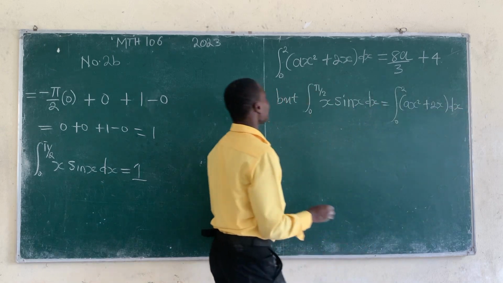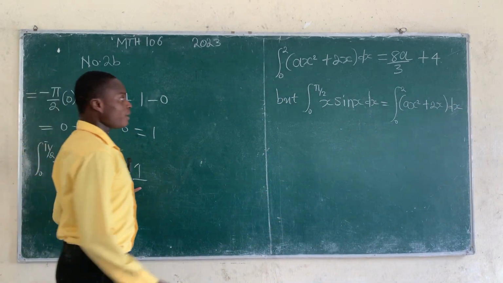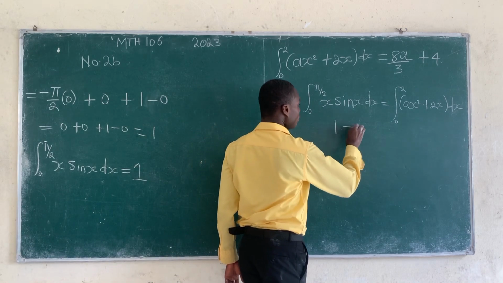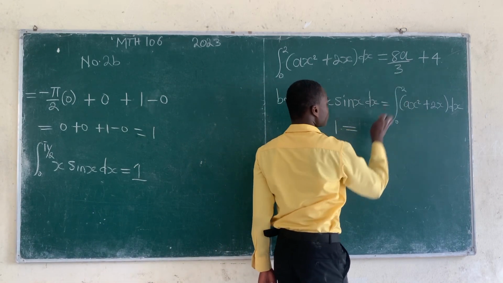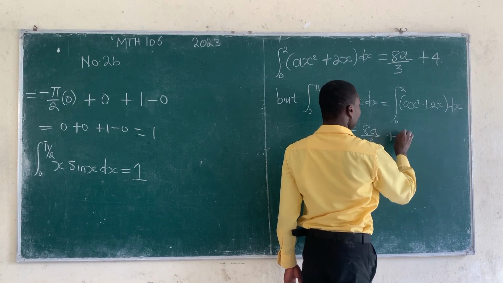So we can now compare. This integral gives us 1 from here. So we have 1 equal to, and this integral gives us 8a over 3 plus 4.